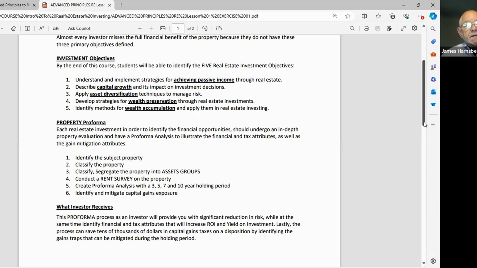Lastly, the process can save you tens of thousands of dollars in capital gains tax on any future disposition because you've identified the gains traps that can be mitigated during the holding period of the property.